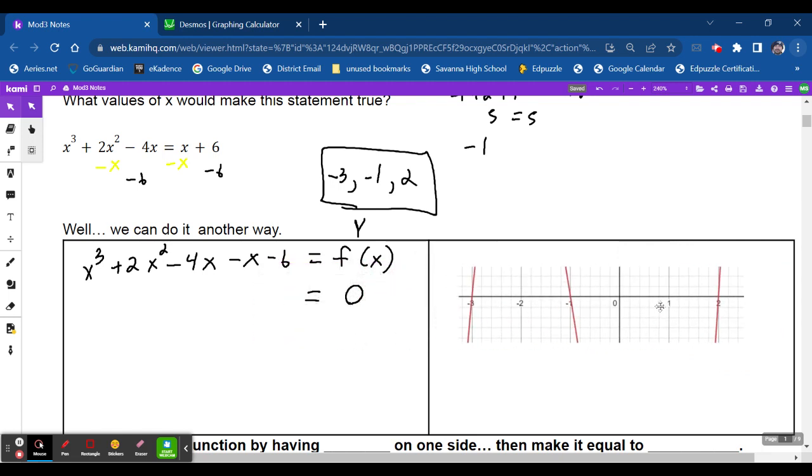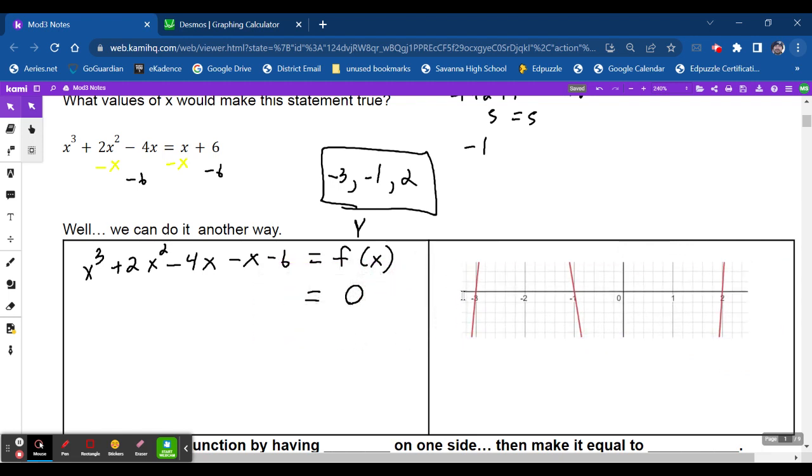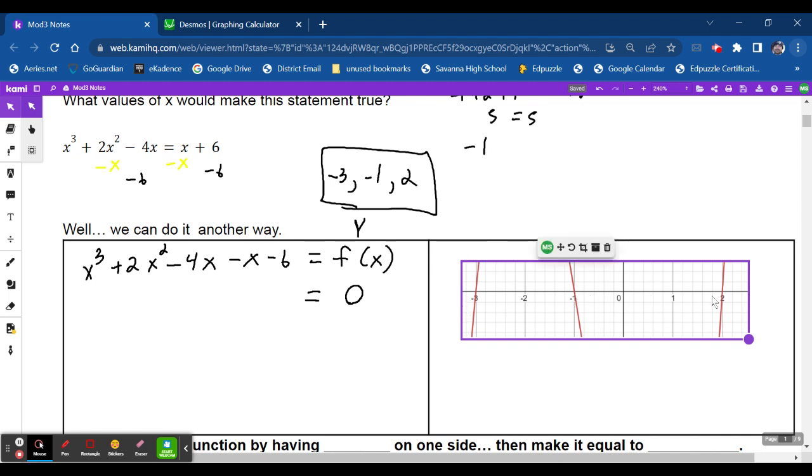Here we go. So my roots are my solutions to this: negative 3, negative 1, and 2. So I can create a related function, and it will tell me what would make this statement true just by graphing it.